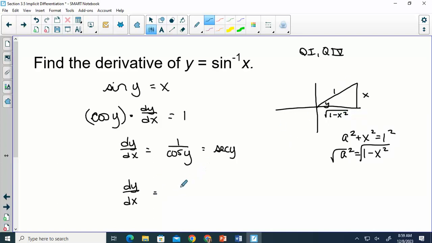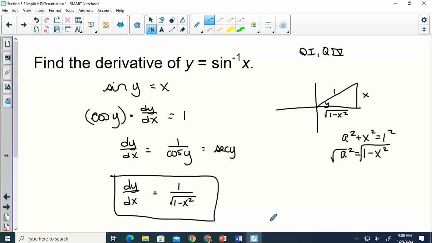So my hypotenuse is 1. My adjacent... we actually just proved something.